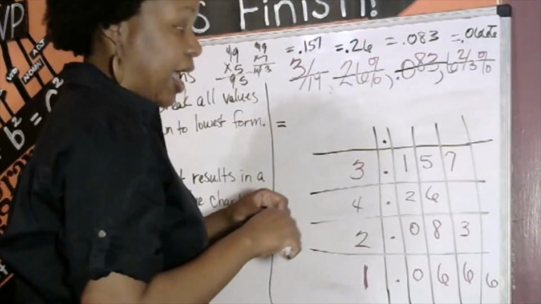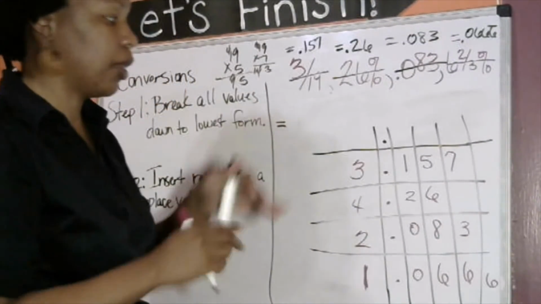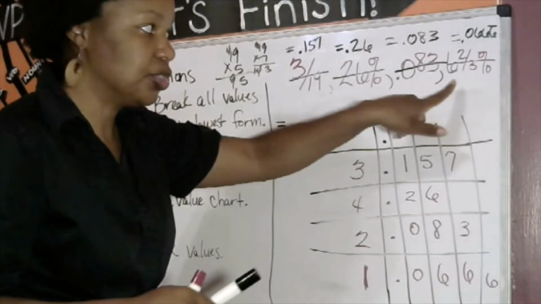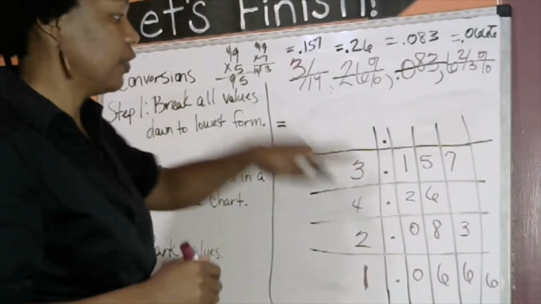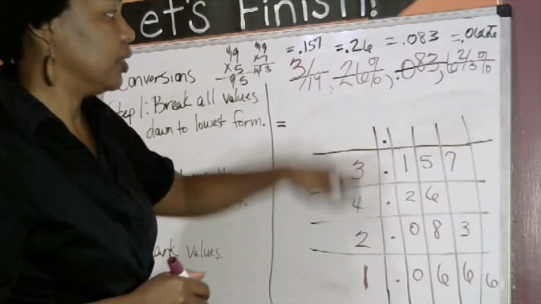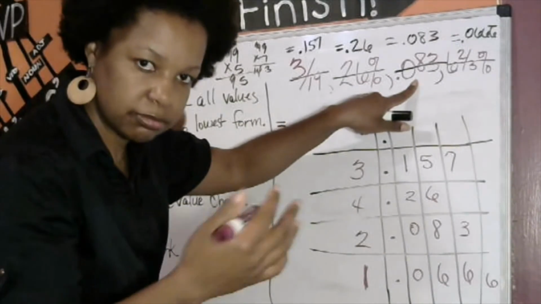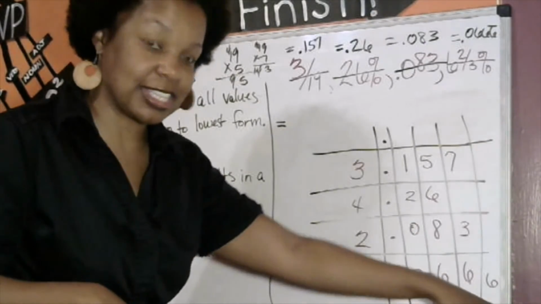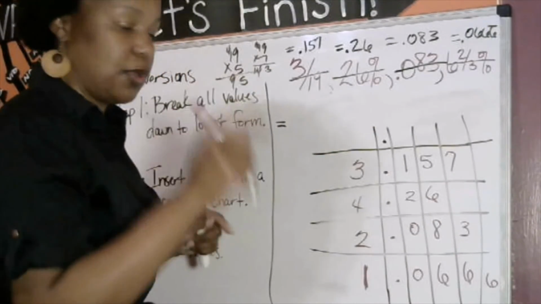So if you were to answer this question, if you were required to list these in order, make sure that you are looking at the original versions of these, okay? So 0.157 is assigned to 3/19, 0.26 is assigned to 26%, 0.083 is assigned to 0.083, and 0.06666666 is assigned to 6 2/3%.